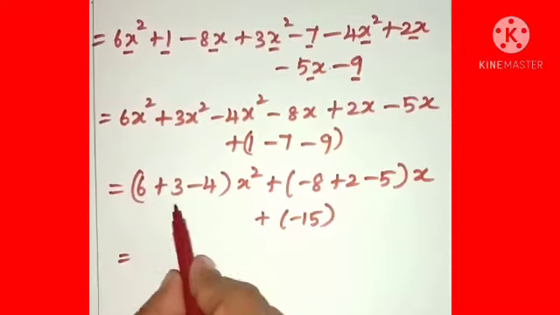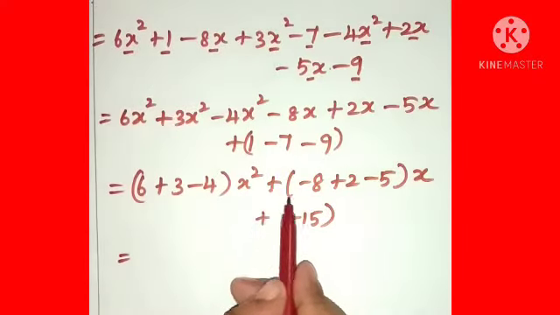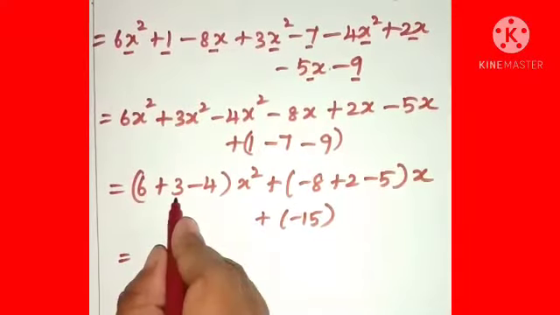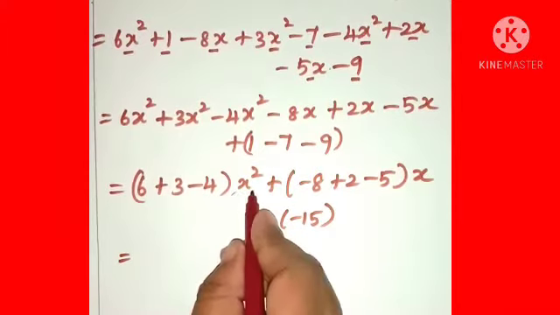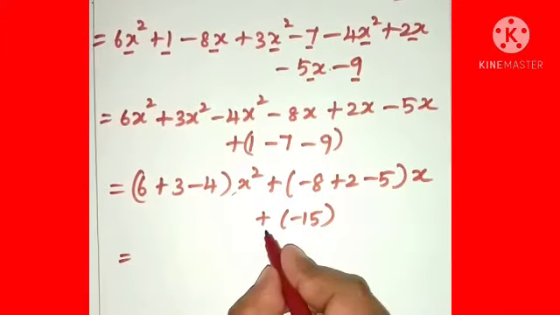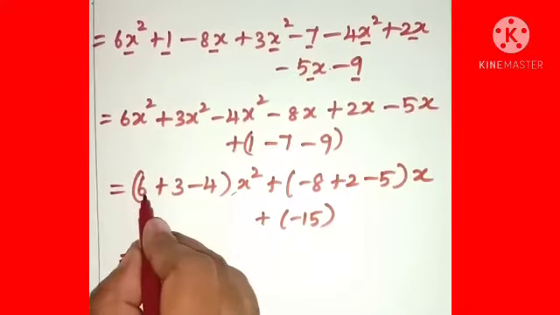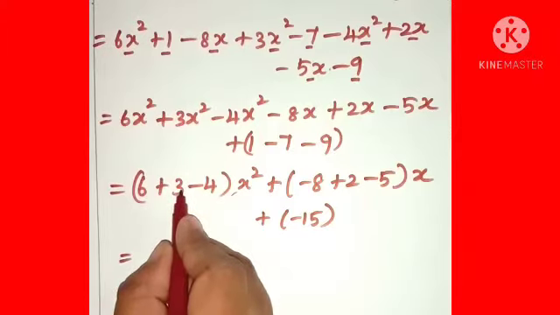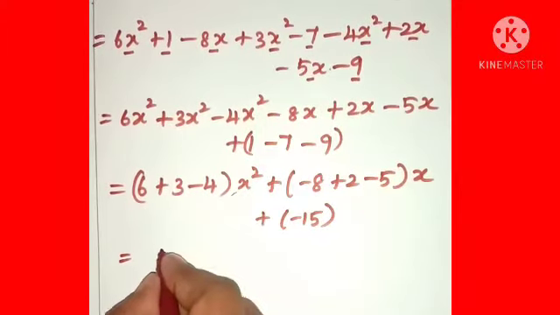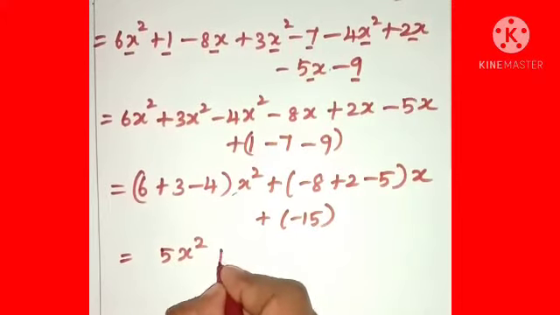So students, here adding and subtracting the coefficients of like terms alone, we get (6 plus 3 minus 4) x squared plus (minus 8 plus 2 minus 5) x, and 1 minus 16 is minus 15. Now 6 plus 3 is 9, 9 minus 4 is 5, so 5x squared.